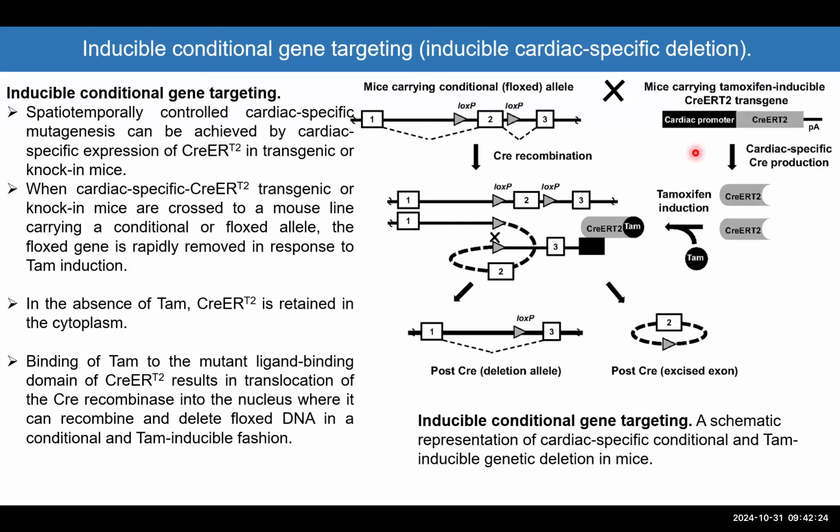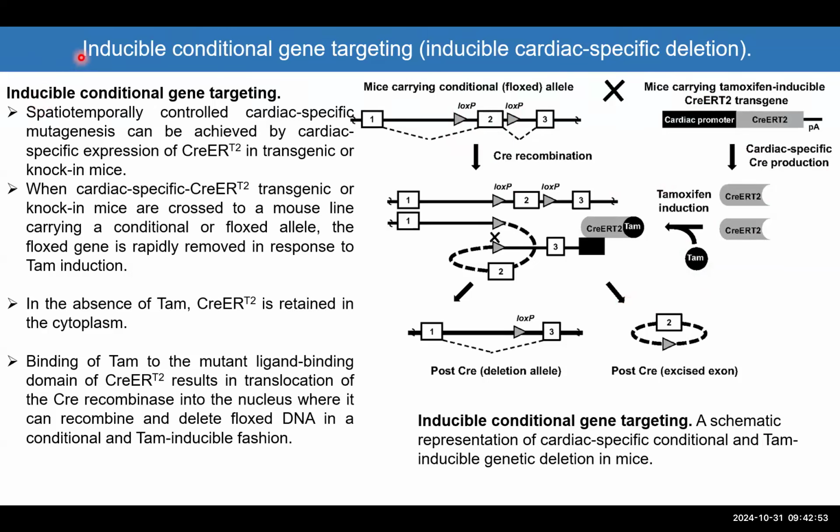You can control which gene, because you have the LOXP sites beside it. And which age or which time, because you have a conditional knockout, not a general knockout. And when you want to do it, you cross these together and you add tamoxifen. If you don't have tamoxifen, these mice will not have any issues, no knockouts.